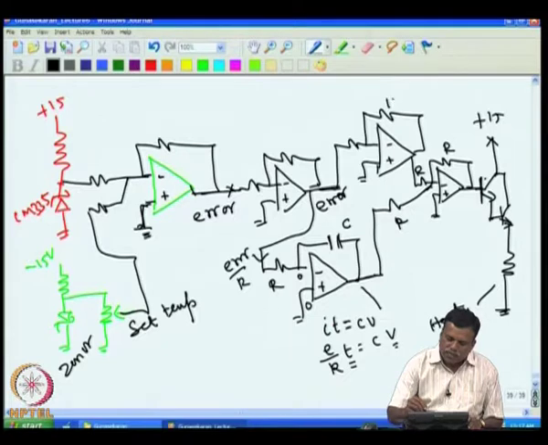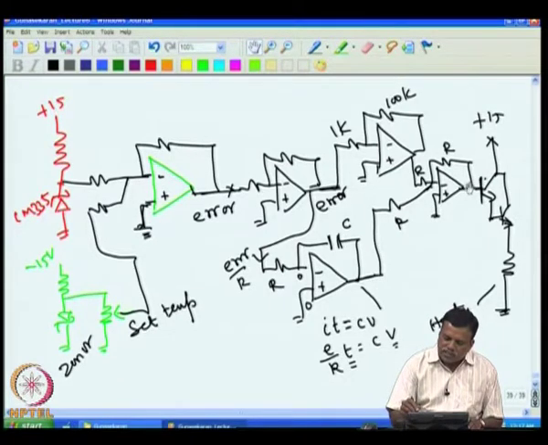For example, I will put here 100k and 1k, which means I am giving a gain of 100 in the proportional stage. So, you will have a high voltage here, and that is anyway minus, and that becomes plus, and the heater will be driven. At that time, the capacitor was not charged initially, so you will have almost 0 voltage here, but since the error is there, it slowly starts increasing towards the minus side, and that moves towards the plus side.